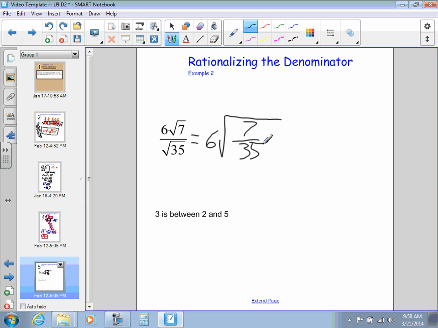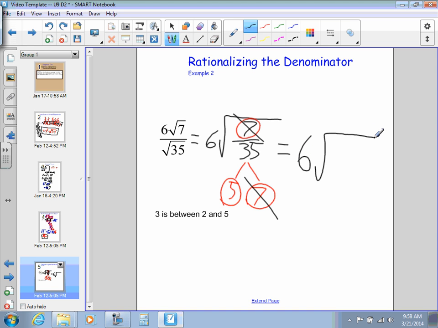Now I can go ahead and do some simplifying here. The 7 is prime and 35 is 5 times 7. I can cancel the 7's, and that leaves me with 6 times the square root of 1 over 5.